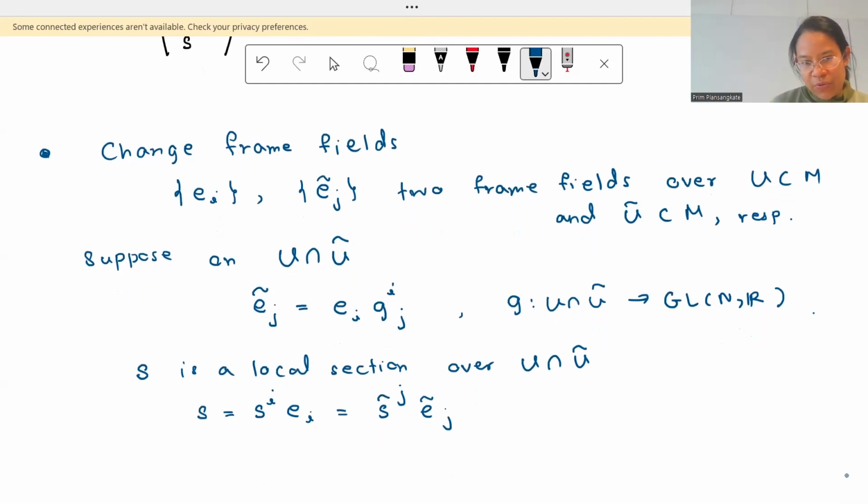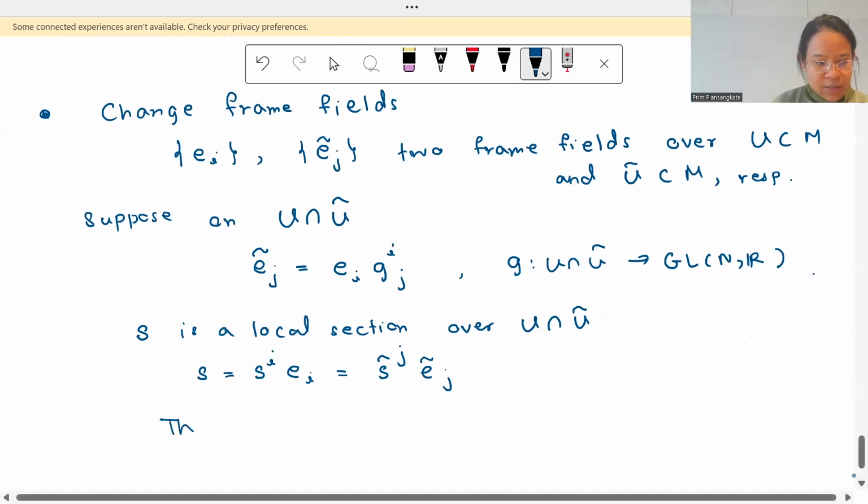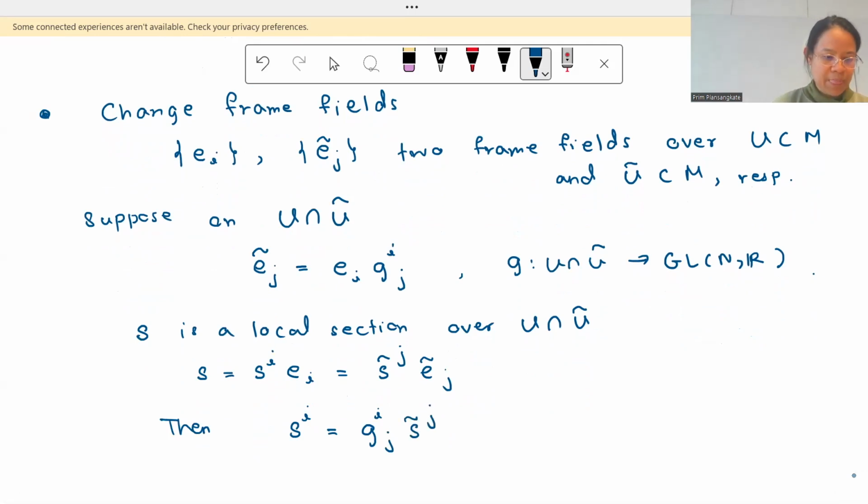Then from here, you can use the above relation to deduce that the component S^i is related to the S tilde by this G, by this relation here.